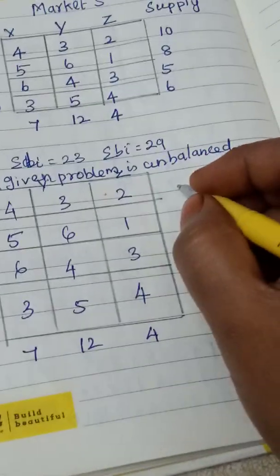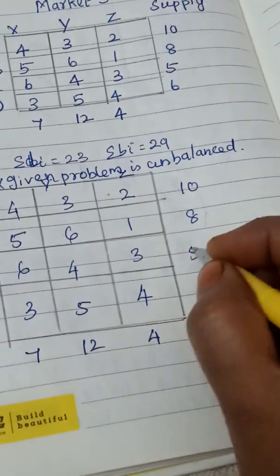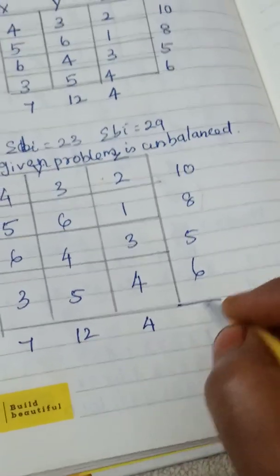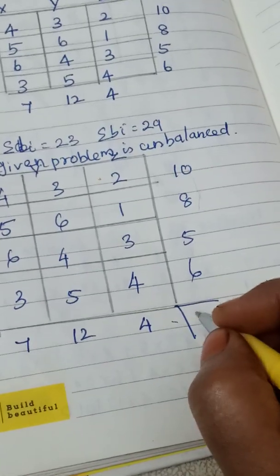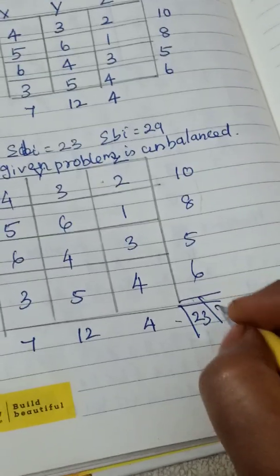Demand is 7, 12, 4 and supply is 10, 8, 5, 6. So here the demand total is 23 and the supply total is 29.